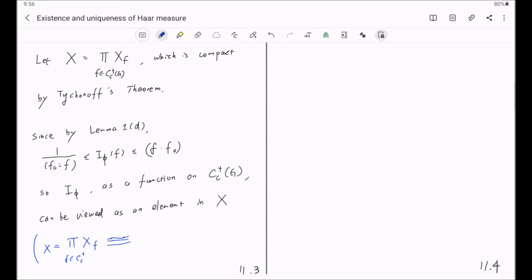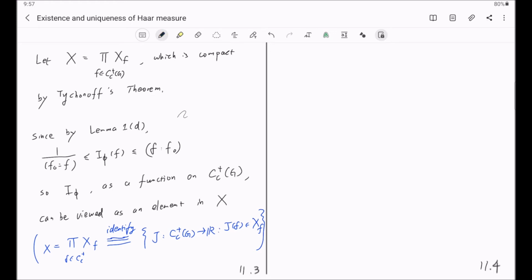So this infinite product space is identified with all the functions J such that each J of f is in this interval X of f.